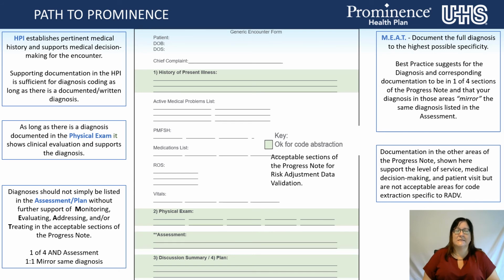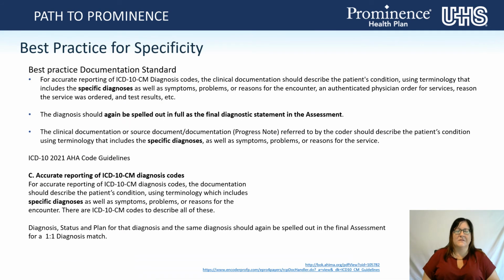So specific to a best practice standard for documentation specificity, for accurate reporting of ICD-10 diagnosis codes, the clinical documentation should describe the patient's condition using terminology that includes the specific diagnosis as well as the signs and symptoms or problems, reasons for the encounter.